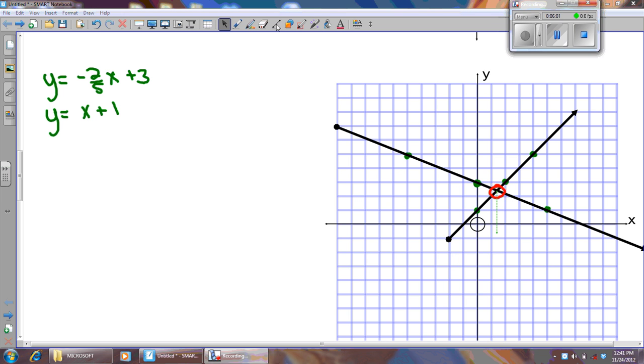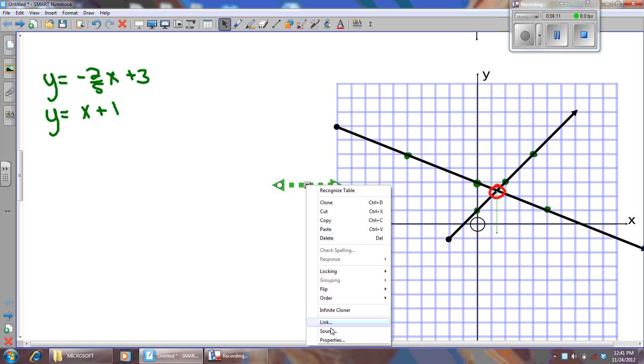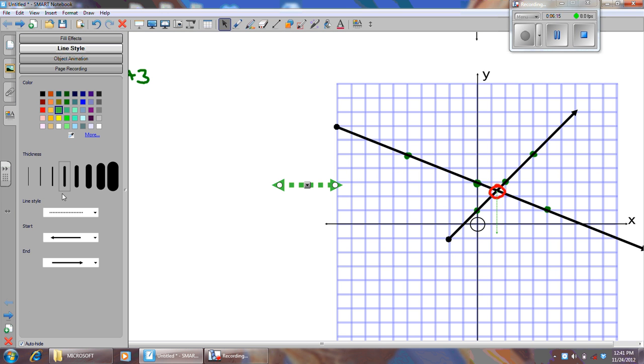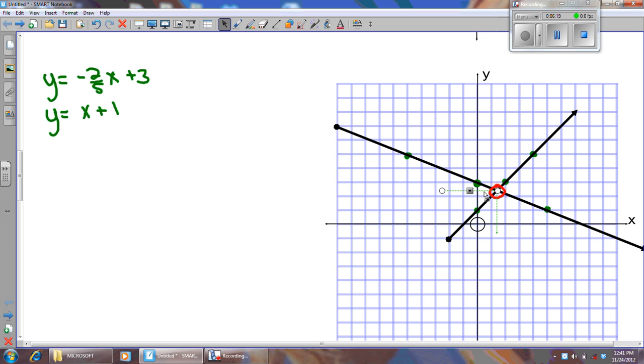Okay, so let me get another line here, and before I put it on there, I'll make it nice and thin. Okay, so I can guesstimate.